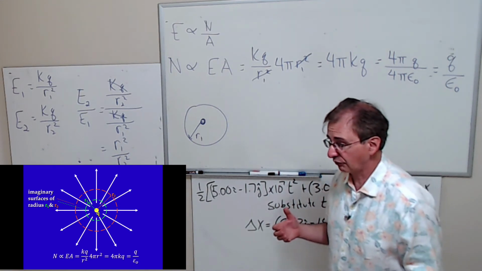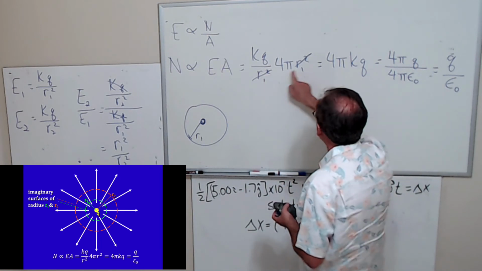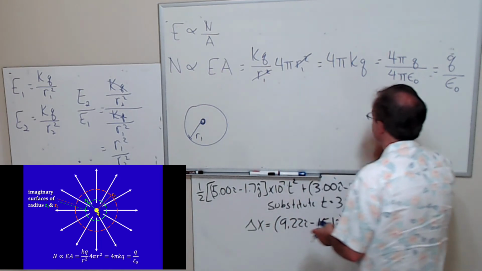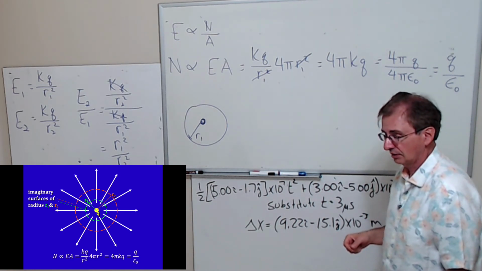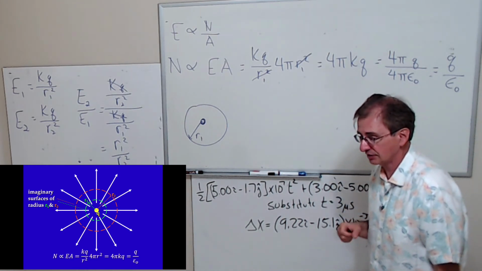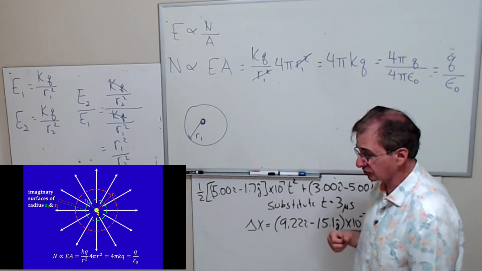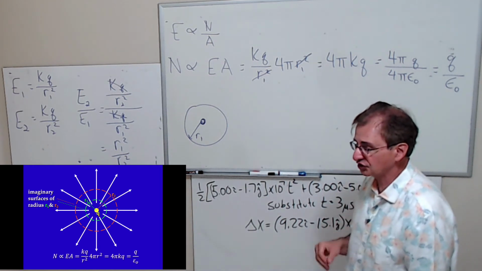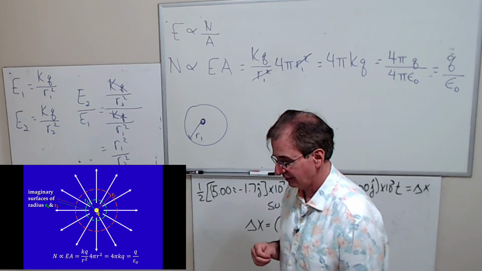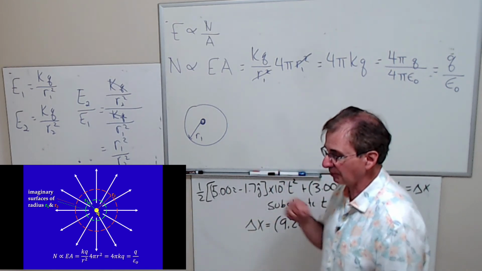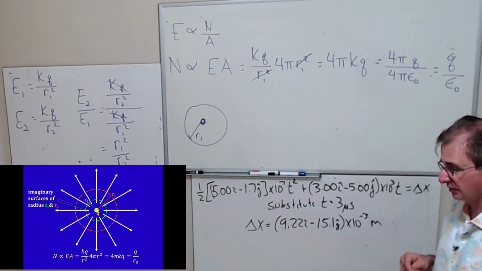Can I do the same thing for the other sphere of radius R2? Yeah, if I do R2, then I put R2 here and I put R2 here. They cancel. I get the same thing. So the number of lines passing through those surfaces only depends on Q. And it can be shown in general that no matter what shape you have, the number of lines only depends on how much charge is enclosed inside the surface.